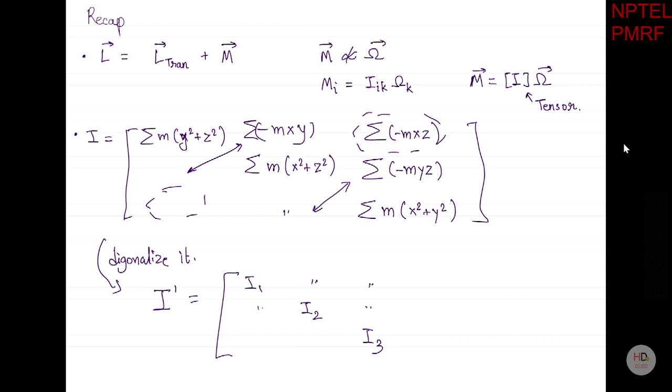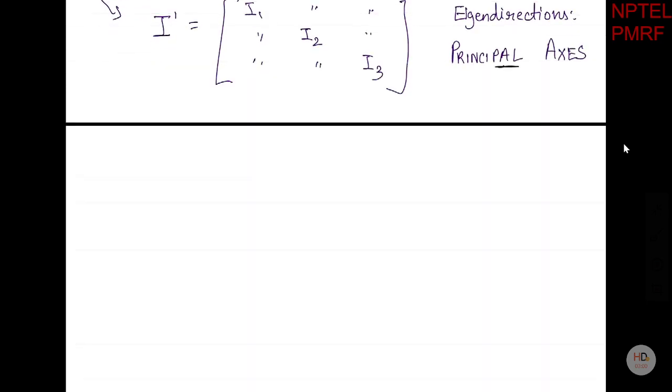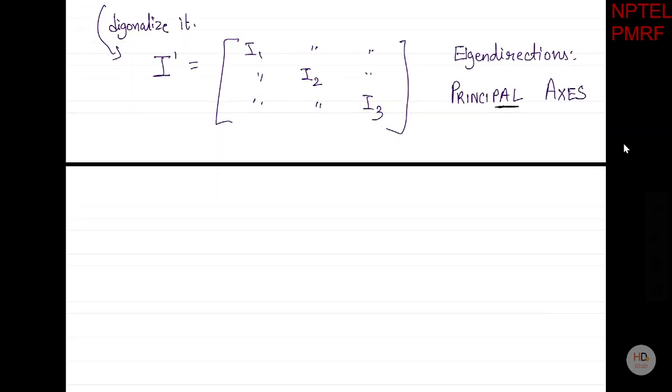The eigenvalues and the eigen directions, or eigenvectors, would be your principal axes. Note that it is 'principal', which means main axis. Okay, so properties of I.